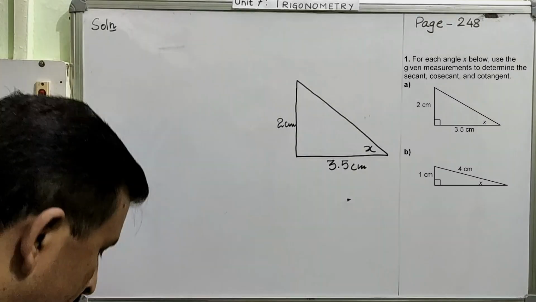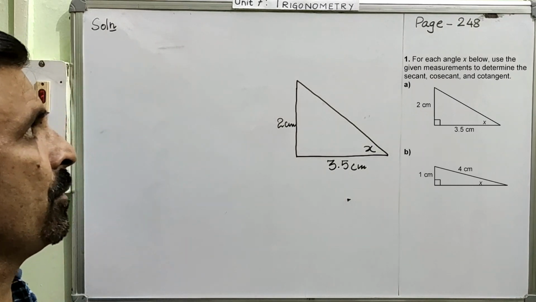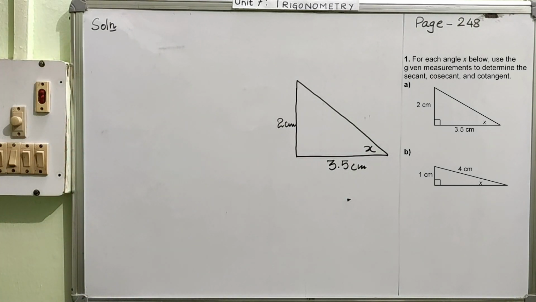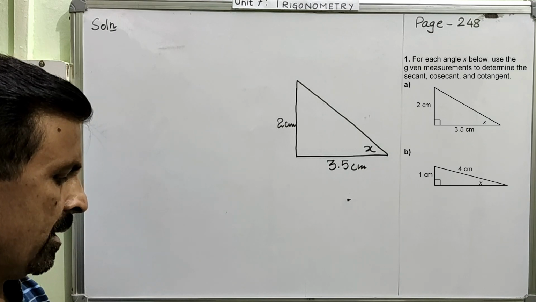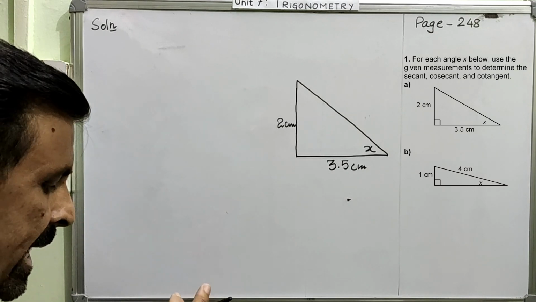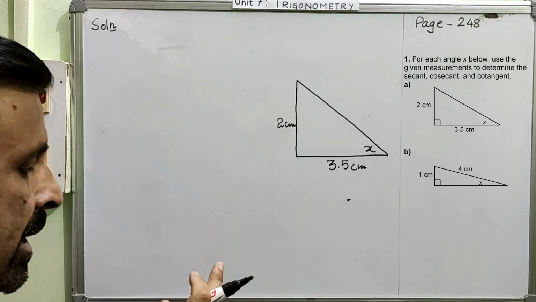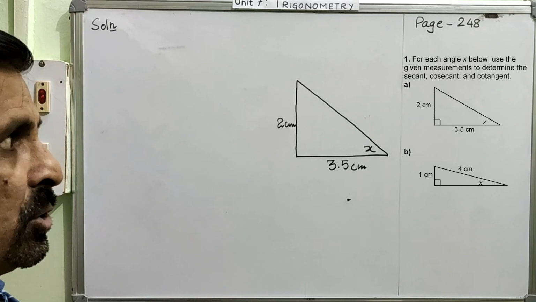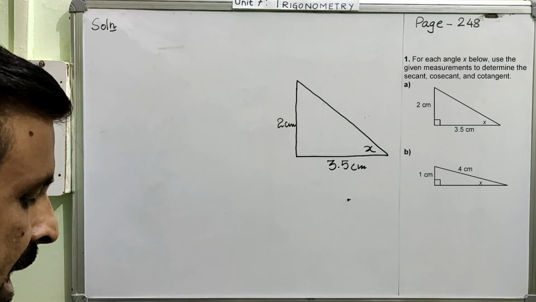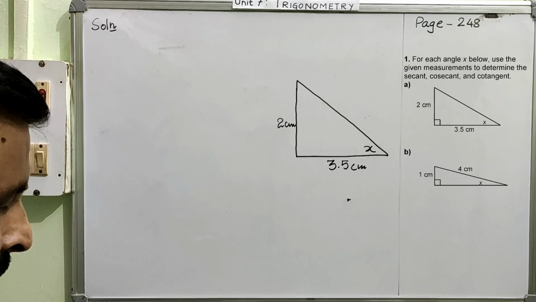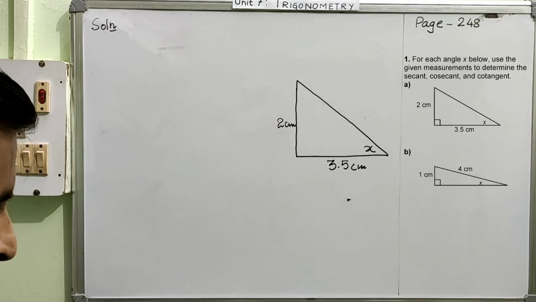All right. Now we are going to begin with question number 1 on page number 248. This question number 1 says, for each angle x, there are two questions, part A and part B. I am going to solve part A. For part A, the question is, for each angle x below, use the given measurements to determine secant, cosecant and cotangent.